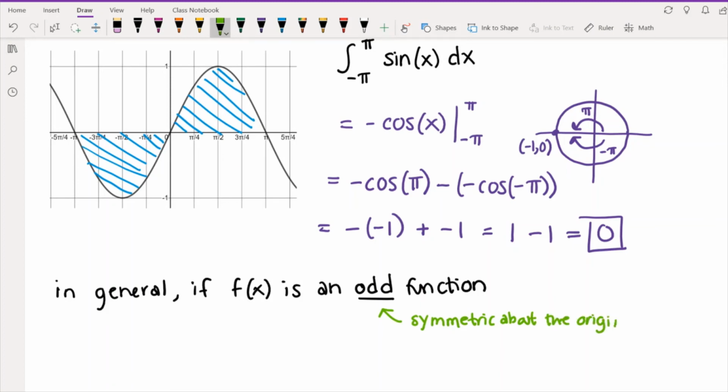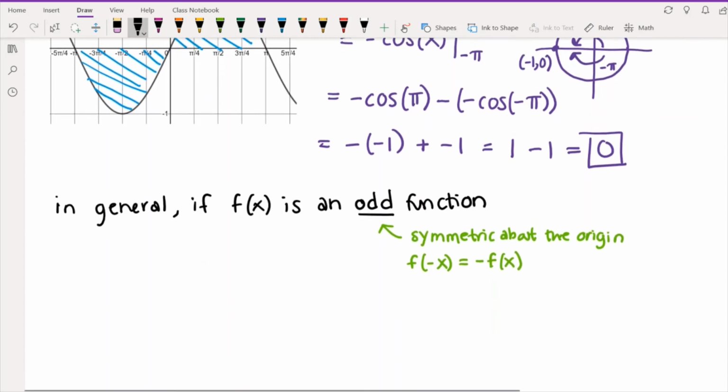And another way of defining an odd function is that f of negative x is equal to negative f of x. So if f of x is an odd function, then it's always going to be true that the integral from negative a to a of f of x dx is going to be equal to 0.